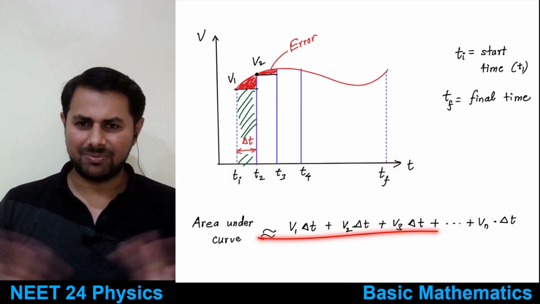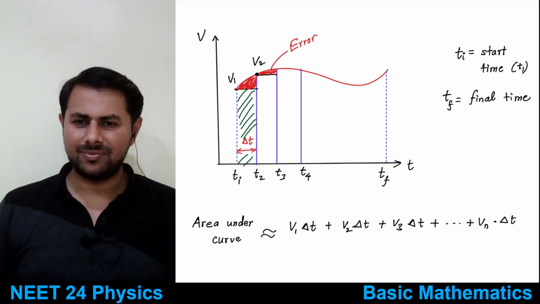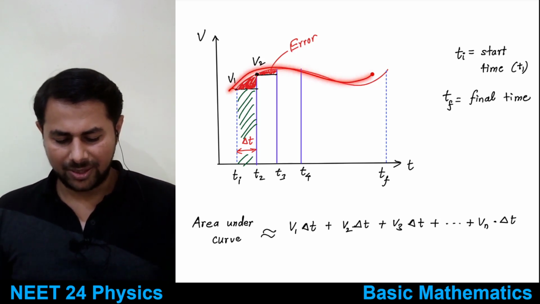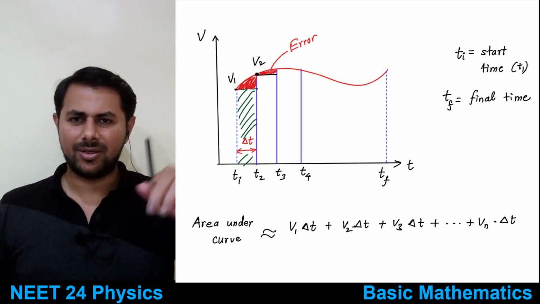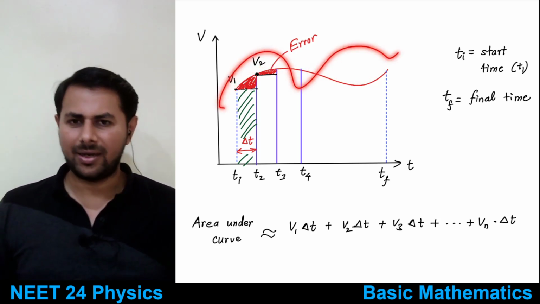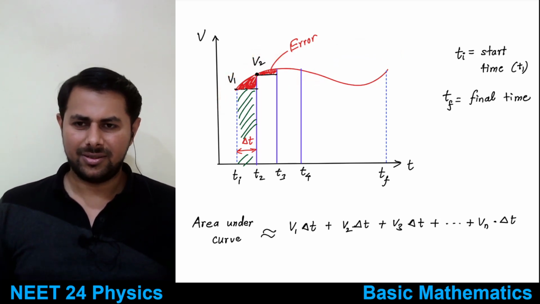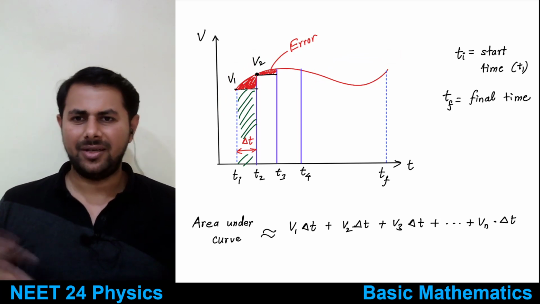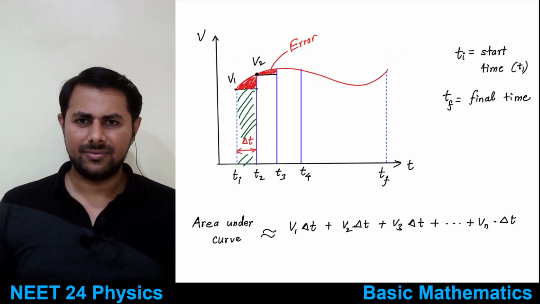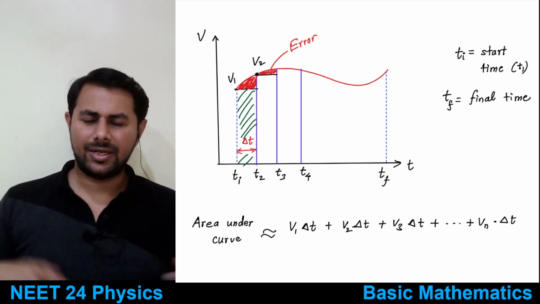I have written something over here, but can you think what you can do? We cannot find the area under this kind of curve directly, right? And your velocity will not be constant, it can be anything. It may be constant, it can change also.